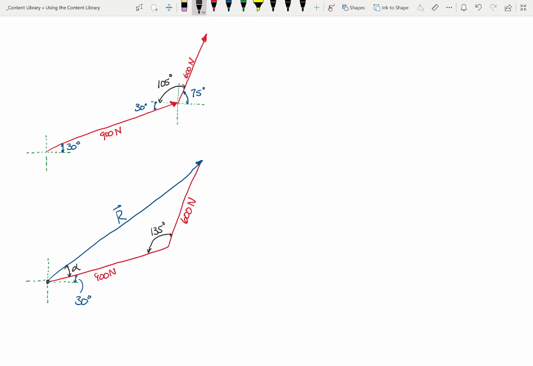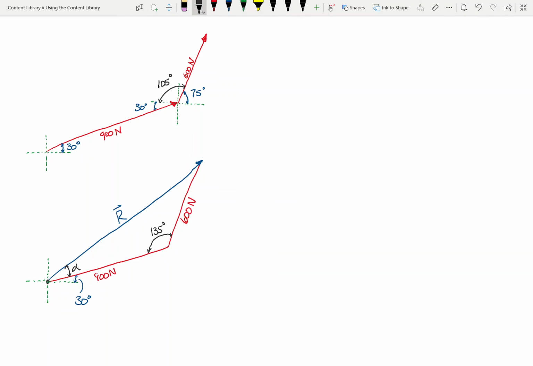Now, let's take this triangle and start dealing with this resultant. How do we define vectors? Vectors contain two things, a magnitude and a direction, right? So now here's a triangle. I know this side, and I know this angle. If I want to find this side, is this a law of sines problem or a law of cosines problem? Law of cosines, right?